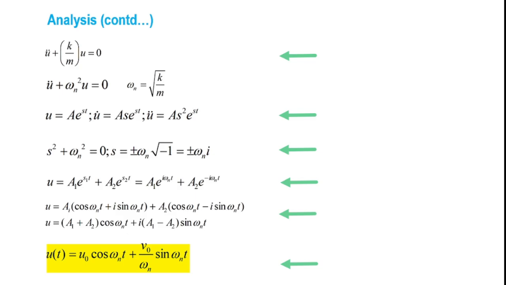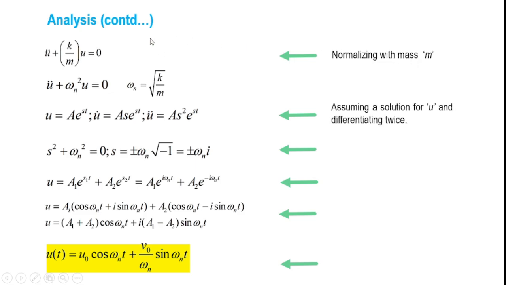Okay, fine. So if we normalize the earlier equation, which is m u double dot plus k u equal to 0, with mass m, we have u double dot plus k by m into u equal to 0. So we simply divided every term with the mass m. Now we are going to make a substitution. That is, we are going to define a new term omega n. Let omega n be equal to the square root of k by m.